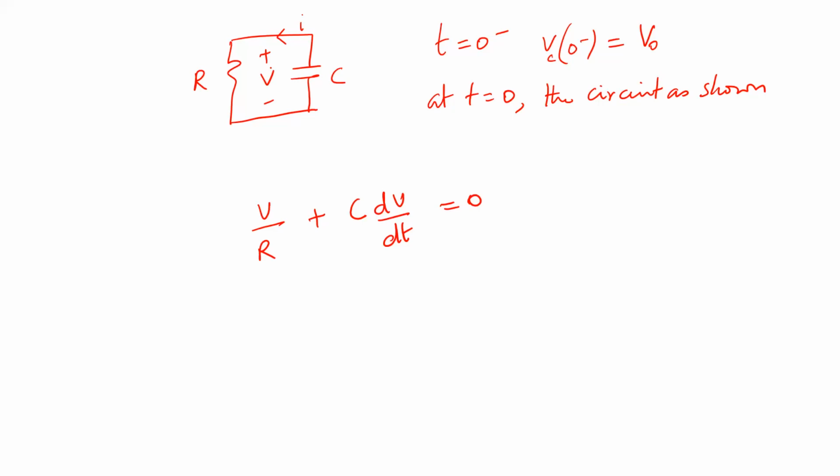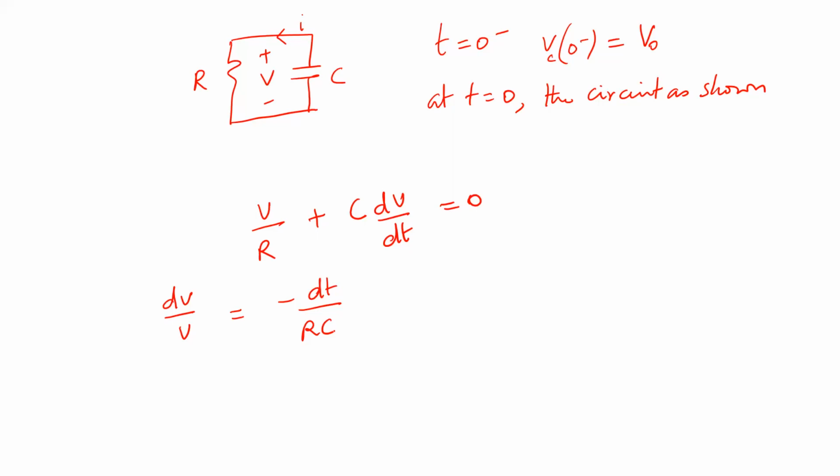Now we can rearrange terms and say that dV by V can be written as minus dt by RC. All we are doing is moving things around.